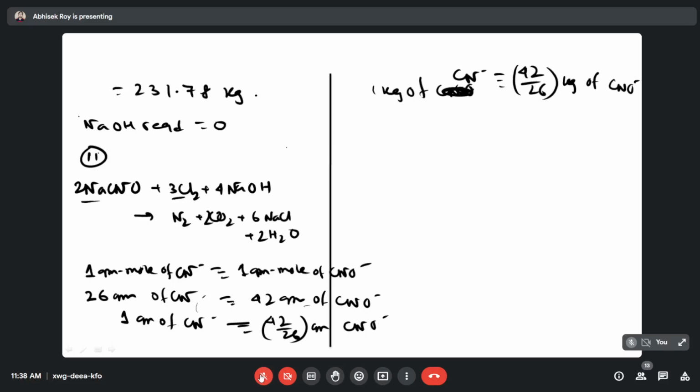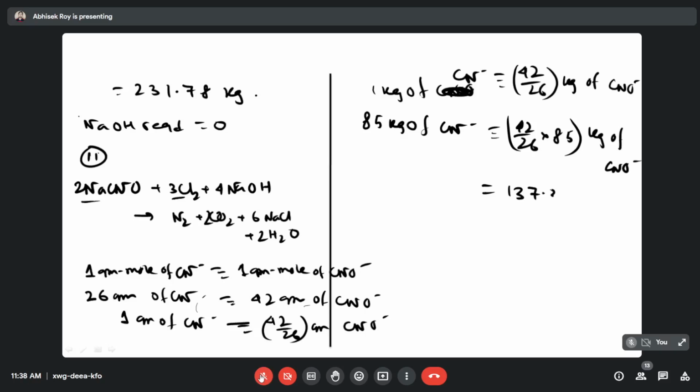So 85 kg of CN minus means how much kg? 42 by 26 into 85, this much kg of CNO. তাহলে আমি ফার্স্টে 85 কেজি সায়ানাইড মানে কতটা CNO সেটা বের করে নিচ্ছি। তাহলে সেটা বের করো, কত কেজি CNO? কত আসছে দেখো? So 137.31 kg of CNO minus.